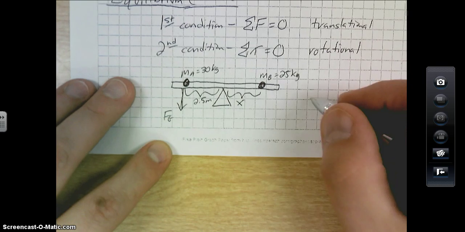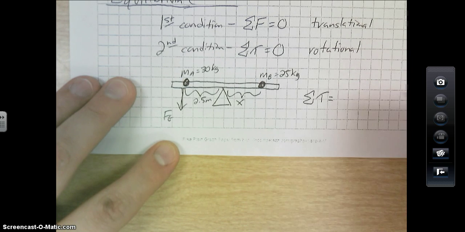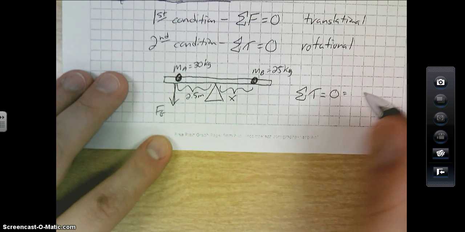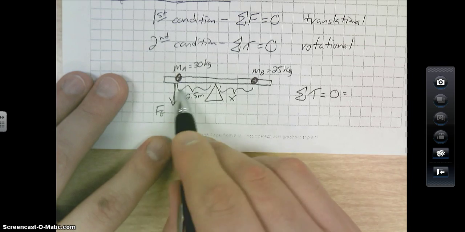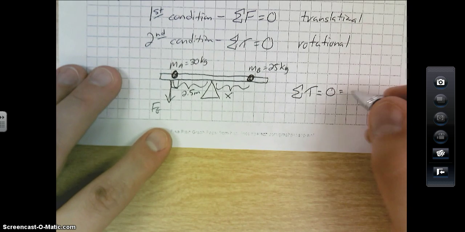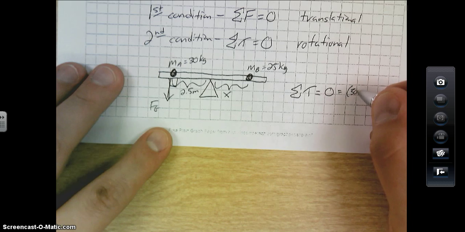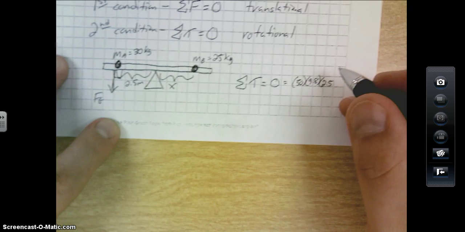So if we want to be at equilibrium, the sum of the torques has to equal 0. This particular object has a force perpendicular to that lever arm. So that one would be its mass, 30, times 9.8, times its lever arm, 2.5.